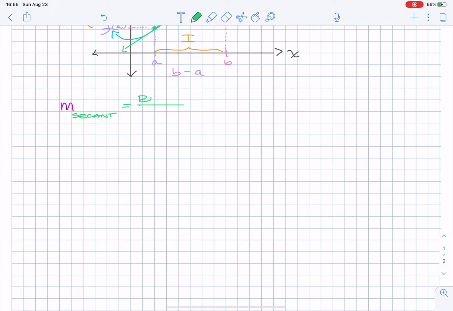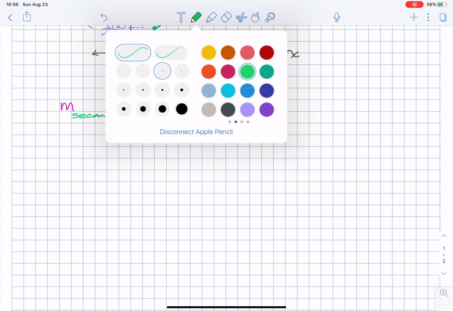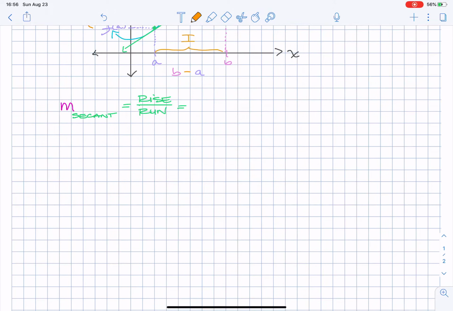So rise over run is what we use for slope, meaning change in y over change in x.